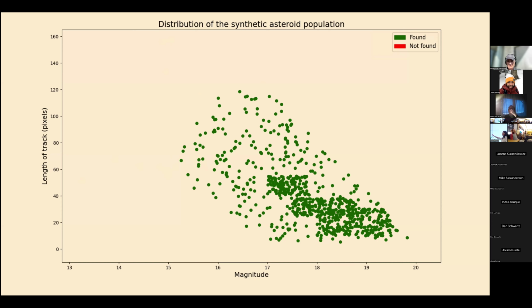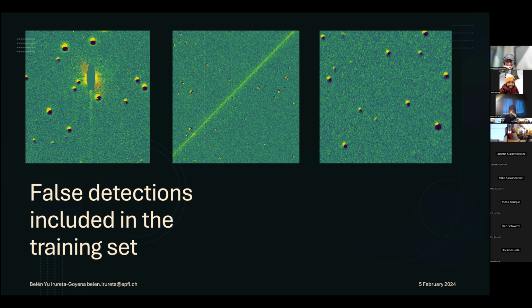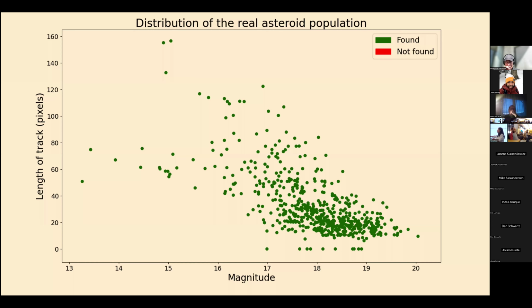Yes. So we did push this harder. We did see whether there were objects that we hadn't found there, and the answer so far was no, it didn't work as well when using this. There is a reason why the real distribution looks like this: the longer the streak is, the more the light is distributed over more pixels, which means that the magnitude of each individual pixel actually goes down.